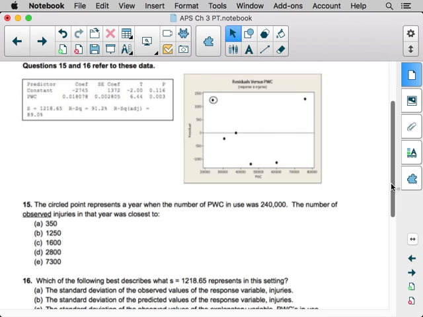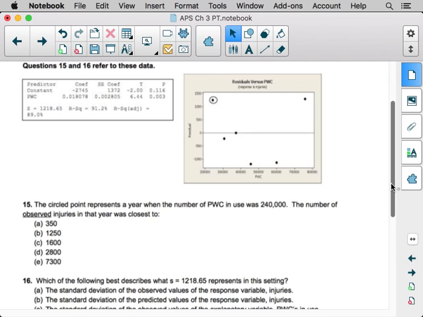So, first, the circled point represents a year when the number of PWC in use was 240,000. The number of observed injuries in that year was closest to... Now, this one I find really interesting, and I think it's really good practice for what you could see popping up on your test. So I want you to notice this graph. What can I find by using this graph?